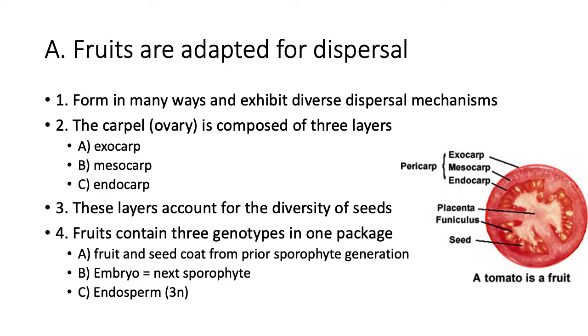The carpel, which is also the ovary of a flowering plant, is made up of 3 layers called the exocarp, the mesocarp, and the endocarp. Starting on the outside and working your way in, those are the 3 layers.